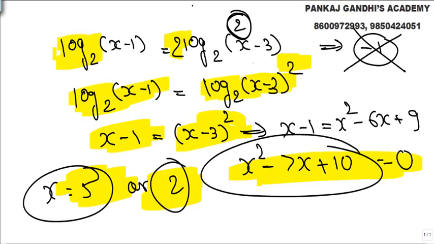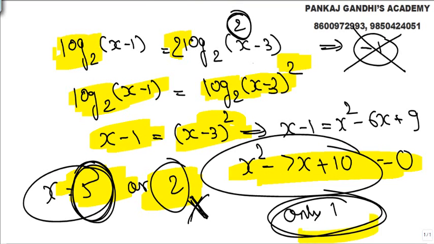Log only can be there for the positive things. So the equation has two answers, but this does not satisfy this thing. So only one solution is there, only one, that is 5. यहाँ x अगर 2 डाला तो ये निगेटिव आएगा. निगेटिव नंबर का log नहीं होता है.